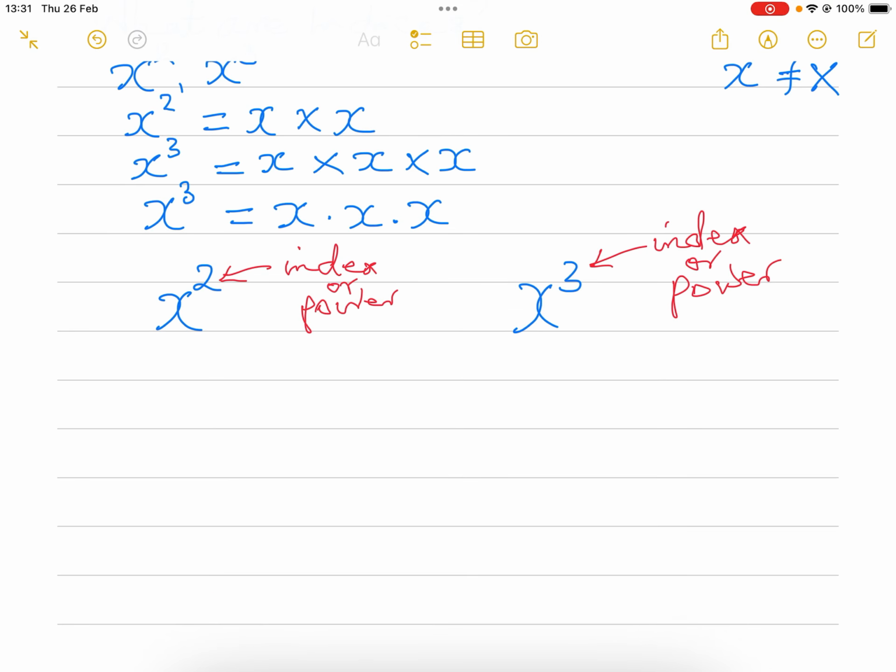So you should have that understanding at this point. Singular index, plural indices.